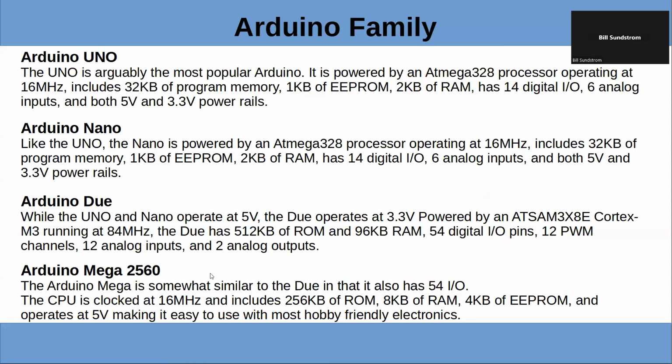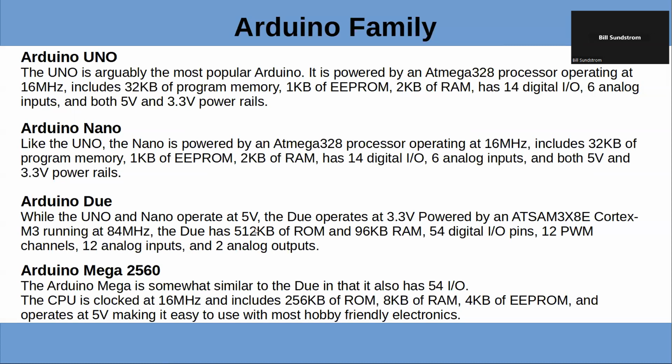This is part of the family. The Uno was the first one. The Nano is sort of equivalent to the Raspberry Pi Pico. The Dewey, I'm not sure Dewey is the same as Duo or Dual, but my Italian is not good.